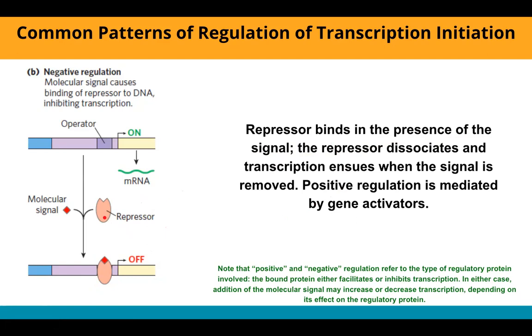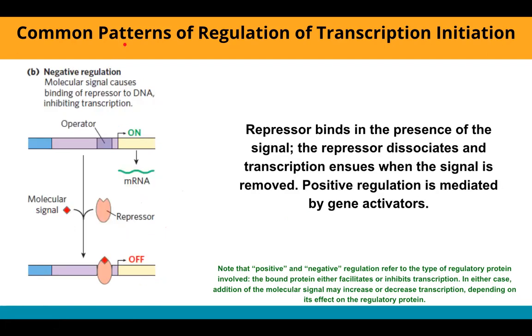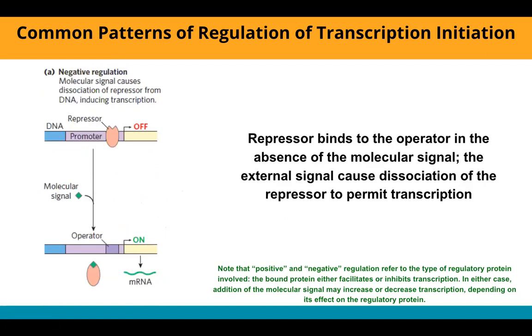Again, to differentiate this one from that, both of them are negative regulation. Now, what's the difference? In the first example, the binding causes dissociation of the repressor, causing expression of genes.